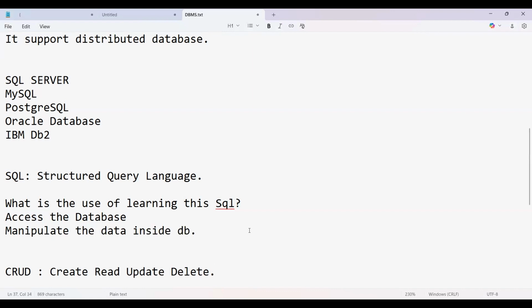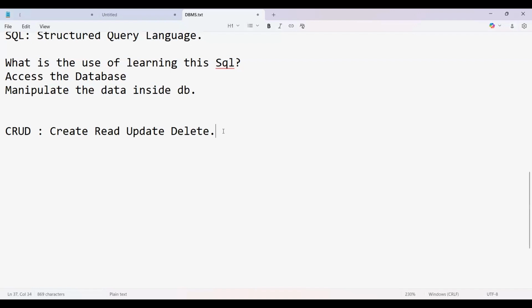So what is the general definition of a database? Normally, we are going to learn DB, so we should know. A database is used to collect data. We collect the data from different places and store it in one place.